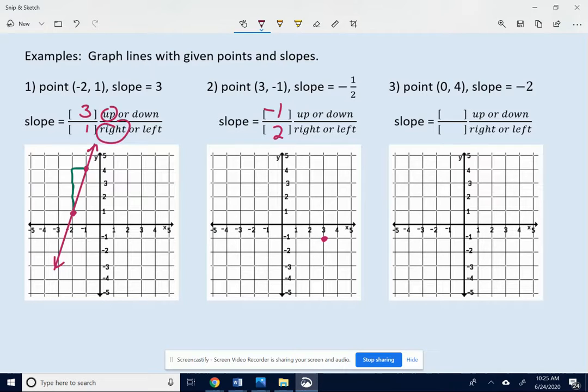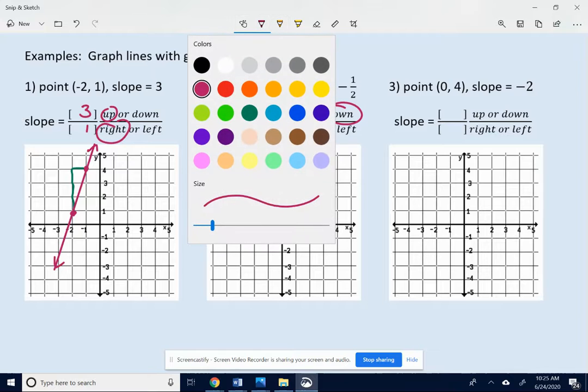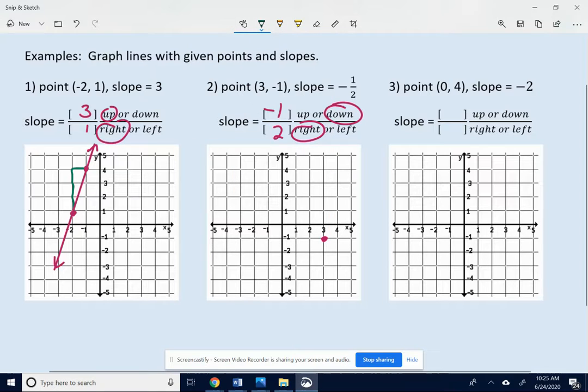So when we use it to travel, that would be down because the rise is negative, and right because the run is positive. So from the point, we're going to go down 1 space, right 2 spaces, and we end up right there.